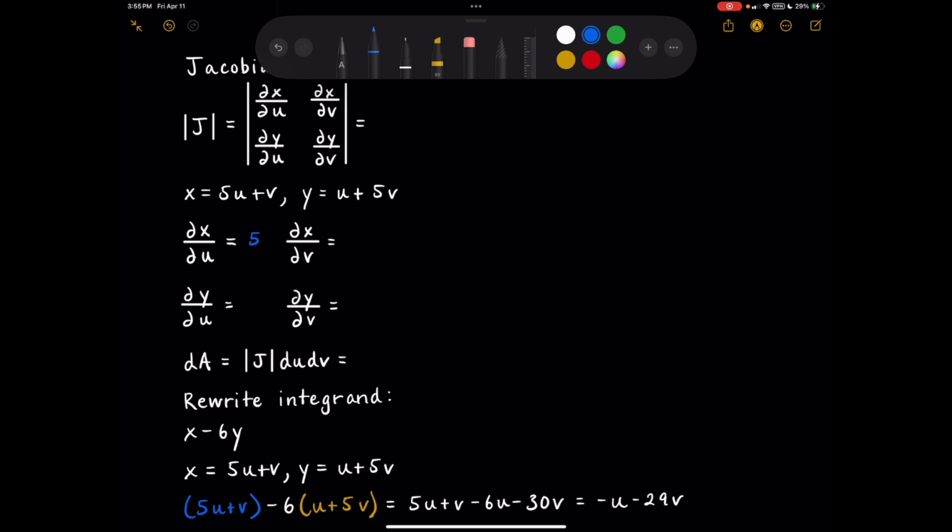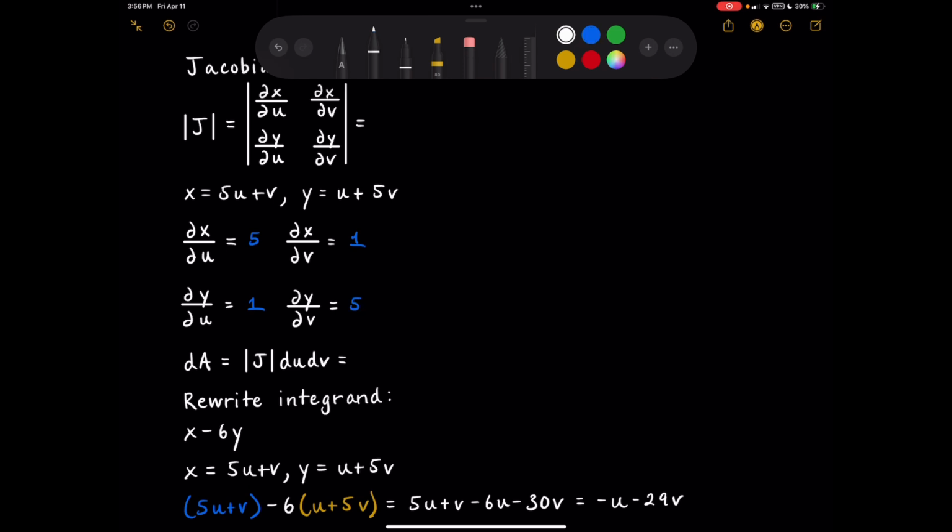Derivative of v, that's just 1. And we do the same for y now, and the partial of y with respect to u, we hold v constant. Derivative of u, that's just 1. And for the partial of y with respect to v, we hold u constant, and we take the derivative of 5v, which is just 5.